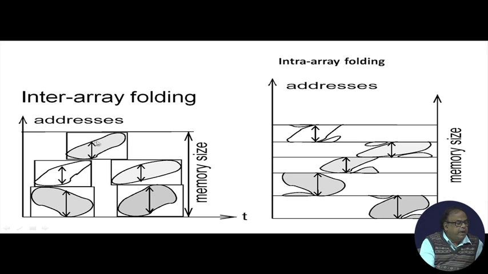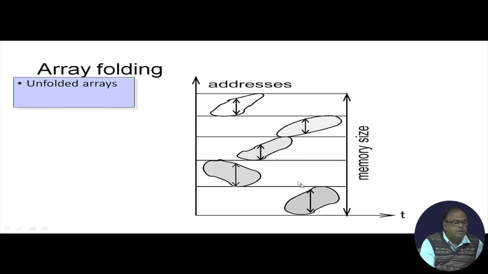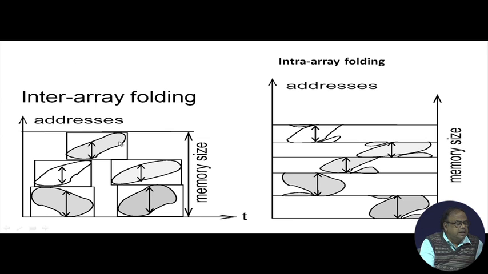Now, here I was looking at all the arrays together. If I look at this array separately, here I will also find a temporal behavior, that this part of the array and this part of the array are not being accessed at the same time.